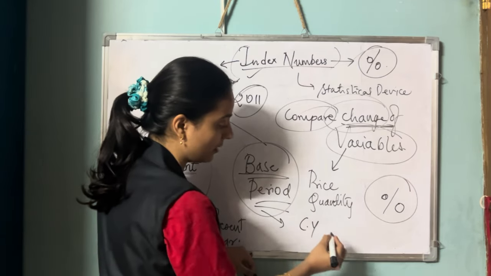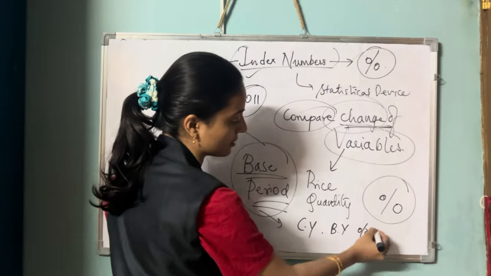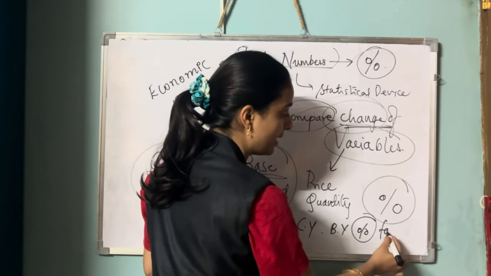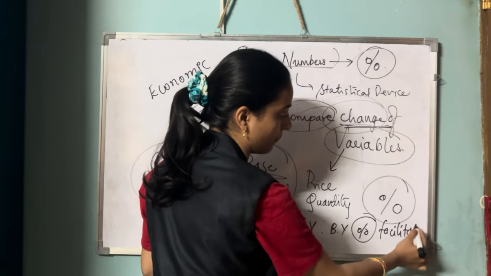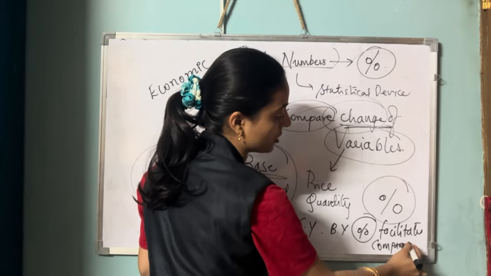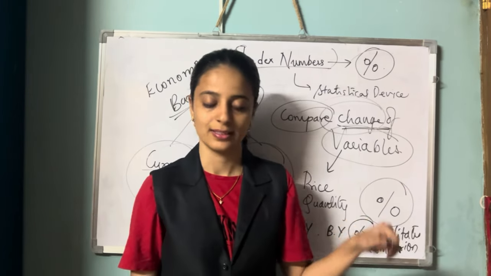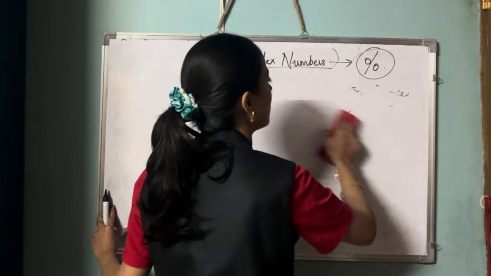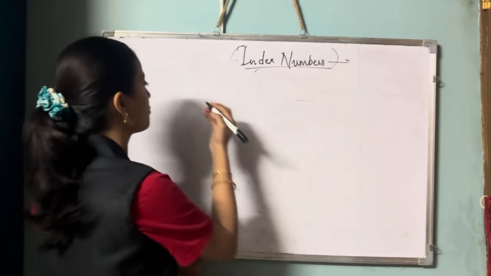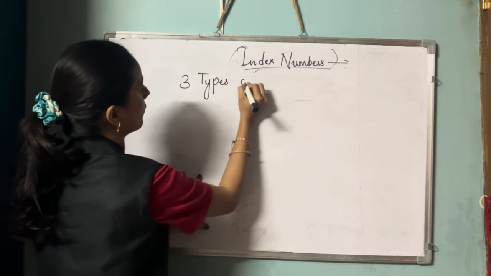One is current year, one is base year, and the answer is always expressed in the form of percentage, and it facilitates comparison. Okay, so I hope this general intro of index number is clear. So according to the syllabus, we will be studying three types of index numbers.